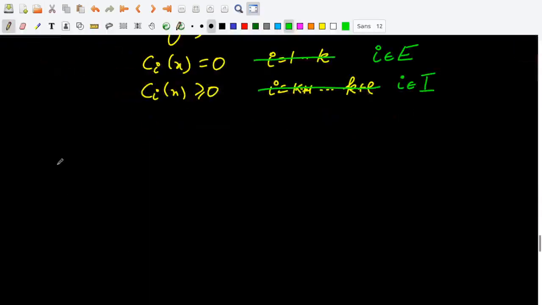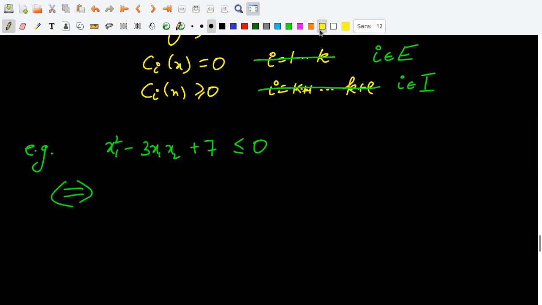So if I have a constraint which has a less than equal to sign, for example x1 square minus 3x1 x2 plus 7 less than equal to 0, then I can always multiply this constraint by minus 1 and get a problem in the form that I want. So these two constraints are exactly the same: minus x1 square plus 3x1 x2 minus 7 greater than equal to 0.